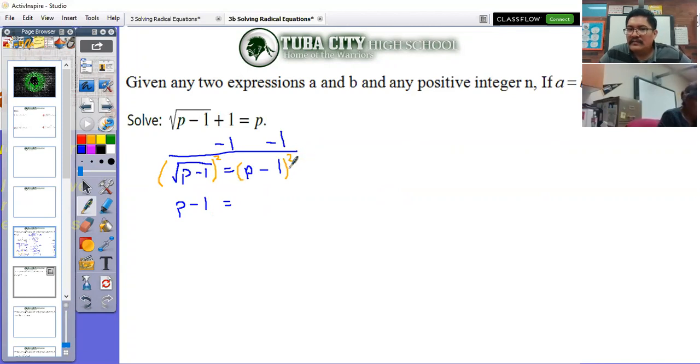I know some students might say, well, wouldn't it be p squared plus 1? But be careful with that, because in this case, there are two terms. And this parenthesis, because I have to square both sides, and when I say square both sides, I mean everything on both sides. That means we have two sets of this number here.